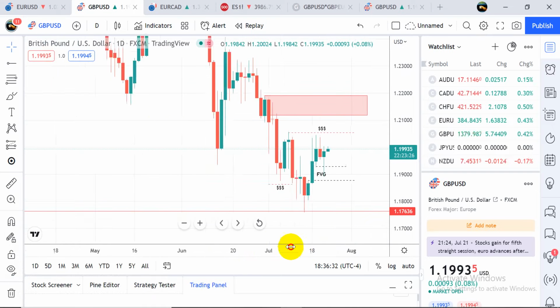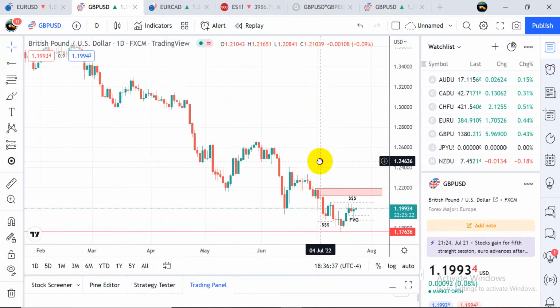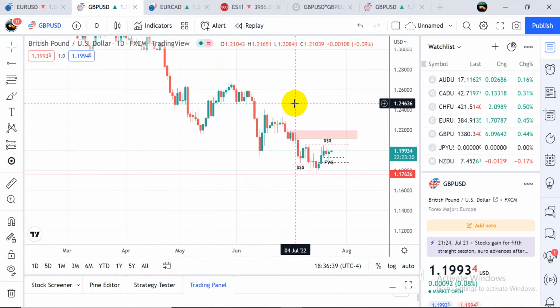Remember, the path of least resistance in the USD is to the downside. You can see that price has been predominantly bearish in GBP USD. So the institutional order flow is to the downside for foreign currency because the dollar is strongly bullish, benefiting from the aggressive stance by the Fed to keep on increasing interest rates.